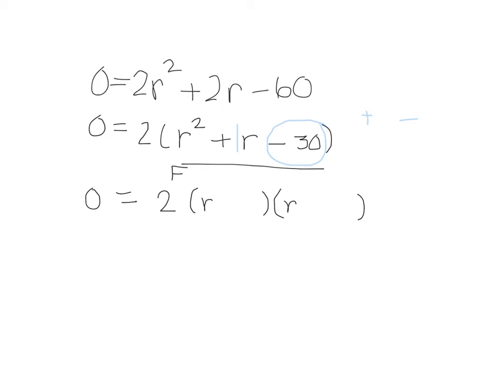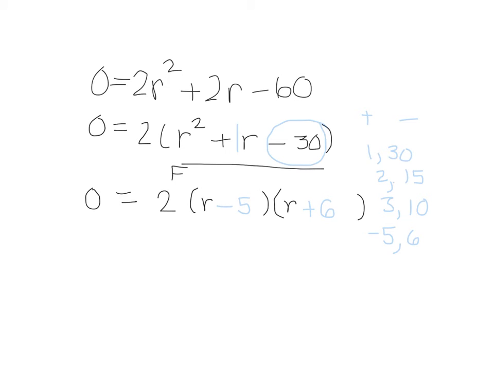Thinking about the factors of 30, 1 and 30, 2 and 15, 3 and 10, 5 and 6, one of those pairs, if one was negative and the other was positive, can add up to 1. And that's if we chose 5 and 6 and made the 5 negative. So we have one factor, r minus 5, and we have another factor, r plus 6.